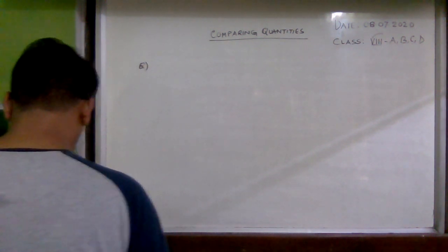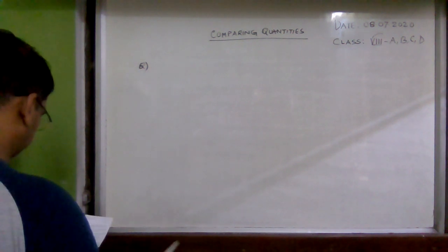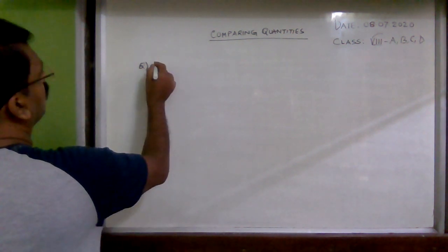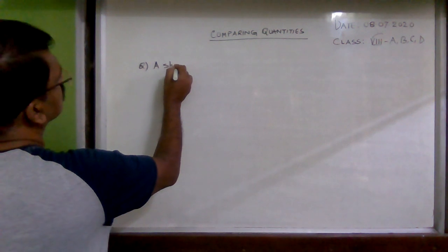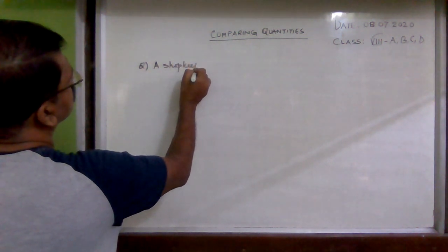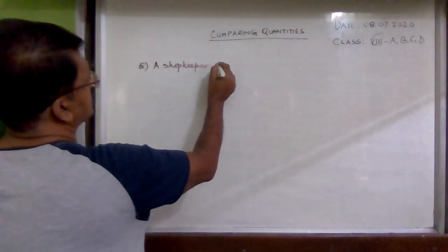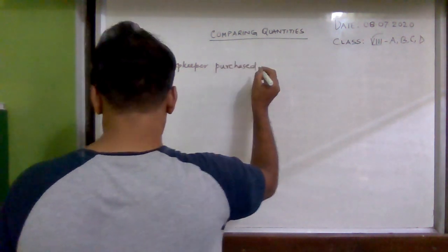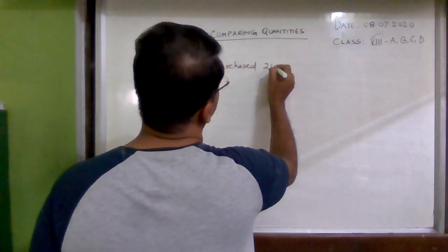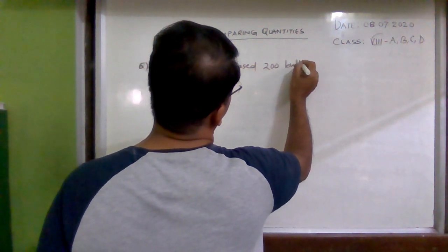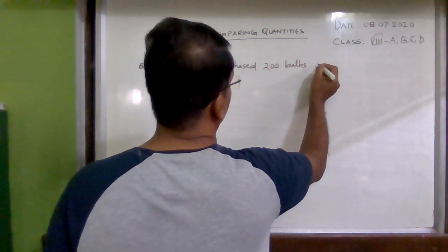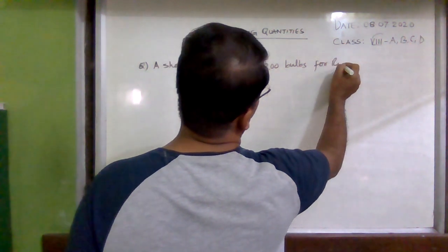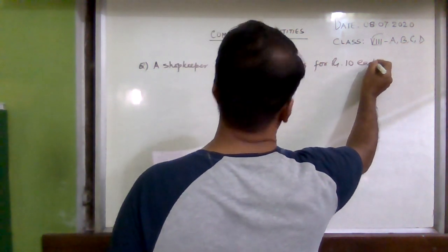Next question. A shopkeeper purchased 200 bulbs for rupees 10 each.